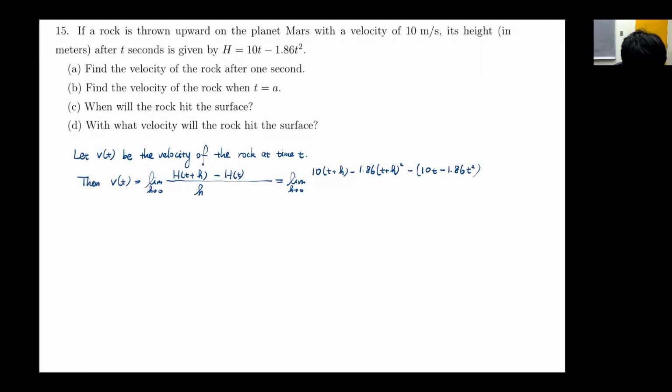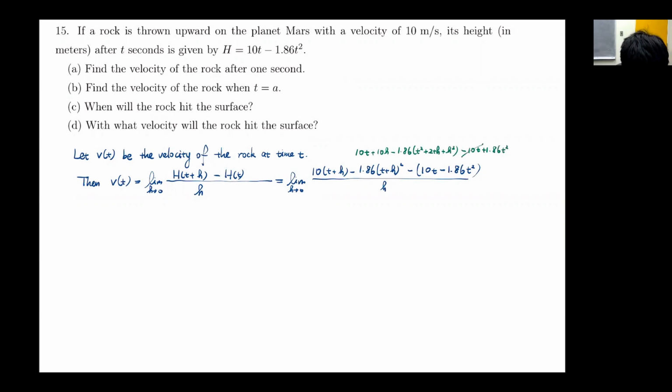This is a very long numerator, so let's simplify a little bit. Just expand everything. There will be 10t plus 10h minus 1.86 times t squared plus 2th plus h squared. And finally, minus 10t plus 1.86 t squared.